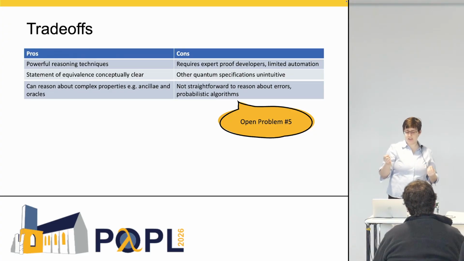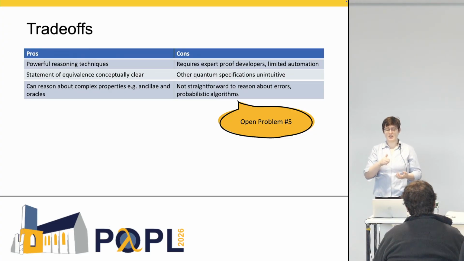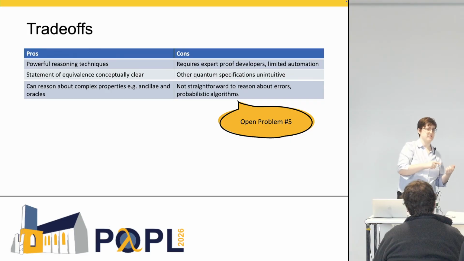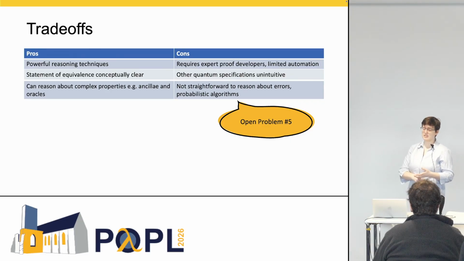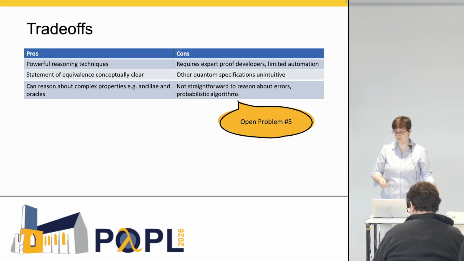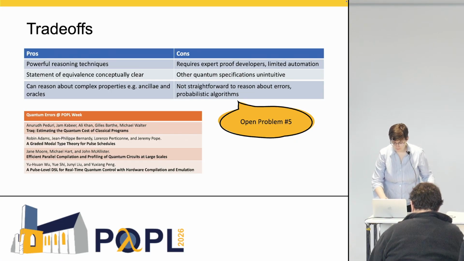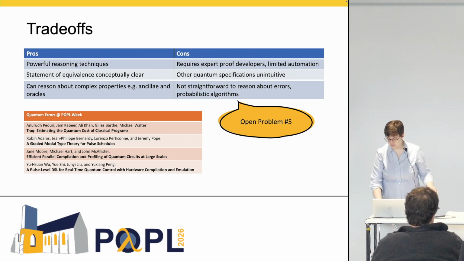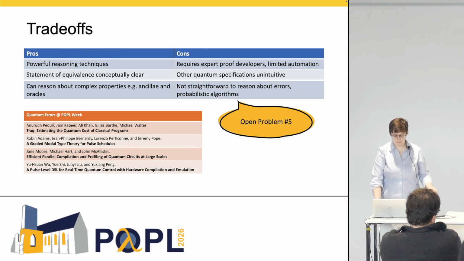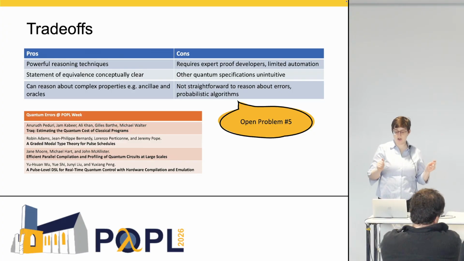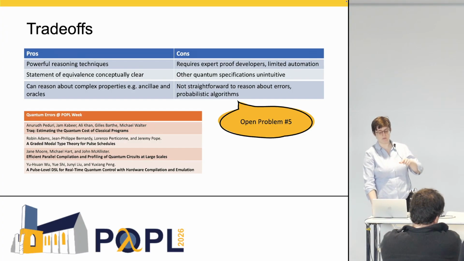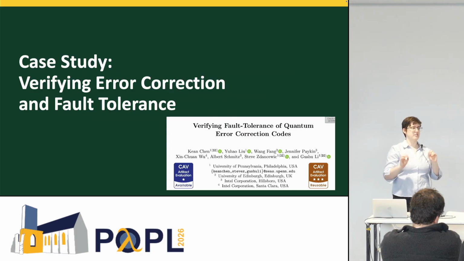And also when we want to reason about errors, such as the errors introduced by quantum devices. This is a really important point of discussion. So there's been a lot of discussion about that this week as well. And that question about errors is what I'm going to focus on in this next little case study.